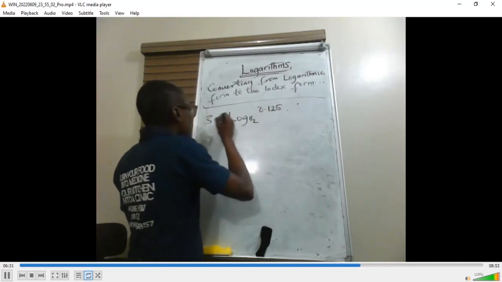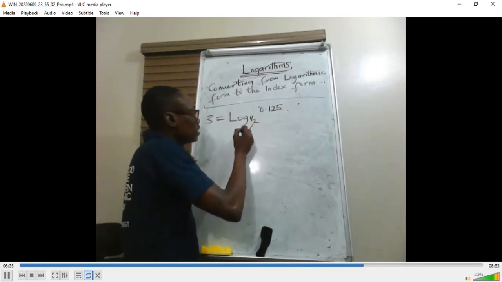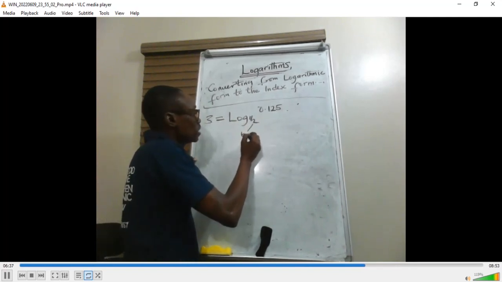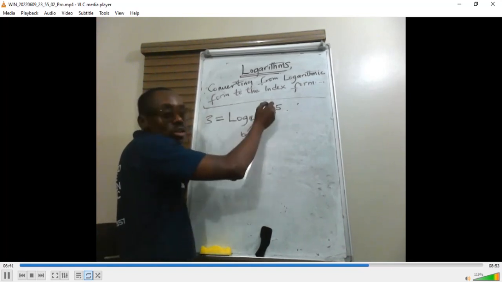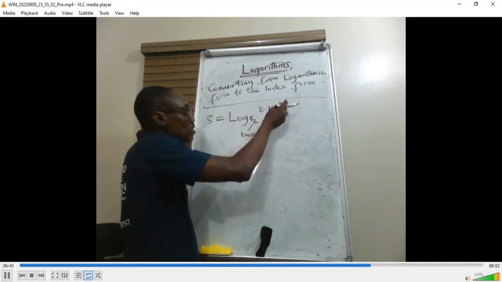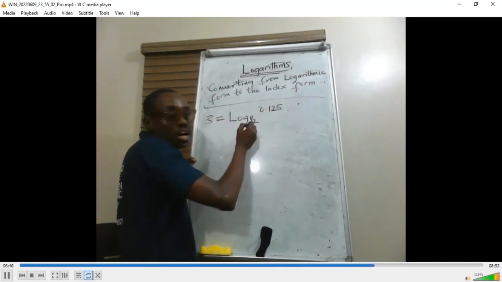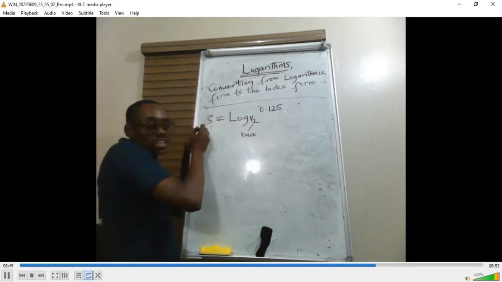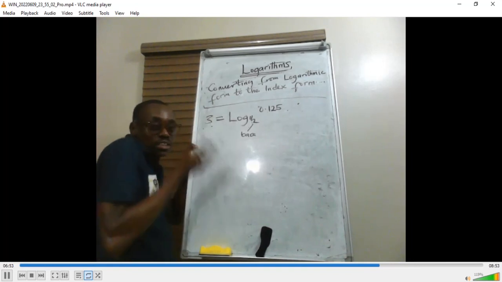So just like before, always try to identify the base. The base in the logarithmic form is half. So you are looking at the log of 0.125 to base half equals 3. The base, which is half, will come to this side where you have the number that is standing alone and raise it up.